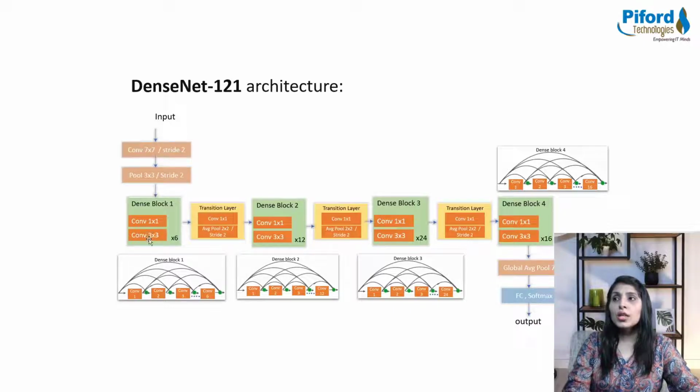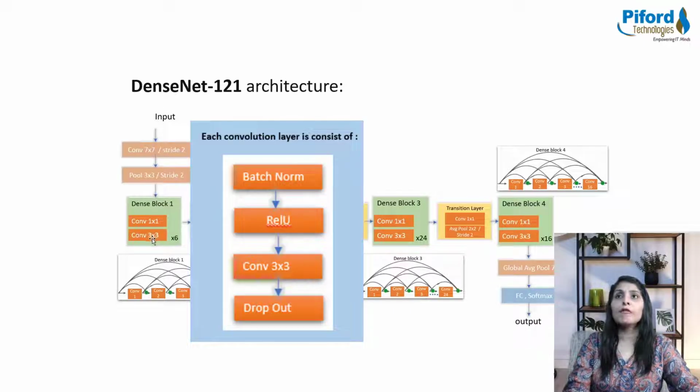This convolutional layer consists of batch normalization, then ReLU. After that we use a convolutional layer of size 3 by 3, and then we use dropout. So whenever we write this convolutional 3 by 3, it simply means first we do batch normalization, and then we apply the ReLU activation function. Then we have a convolutional layer of size 3 by 3, and then we have a dropout.